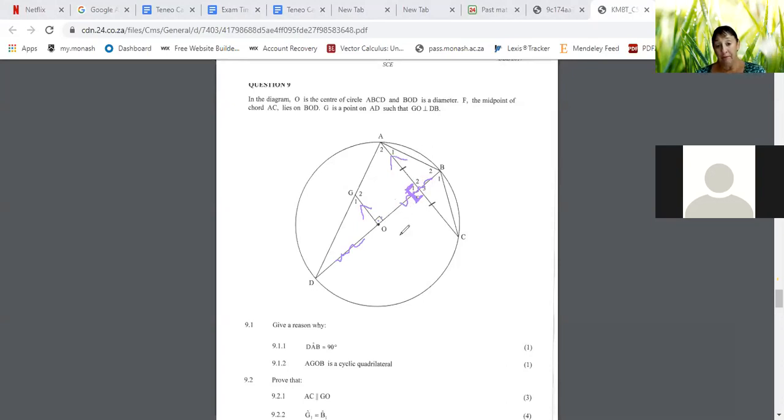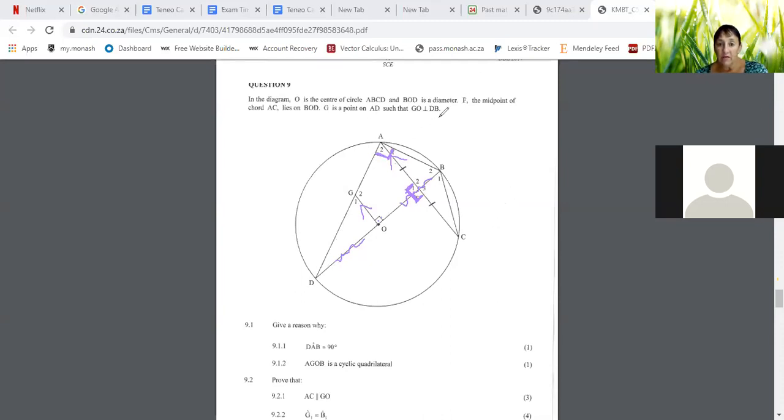Right? Okay, so we're definitely going to have ratio and proportion here, right? Definitely. Okay, then they said BOD is the diameter, and the diameter subtends 90 degrees. Remember, if you have a triangle with the diameter as your base, then there is a 90-degree angle formed at the circumference.